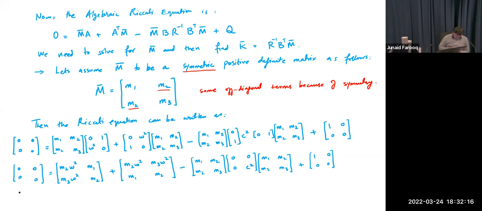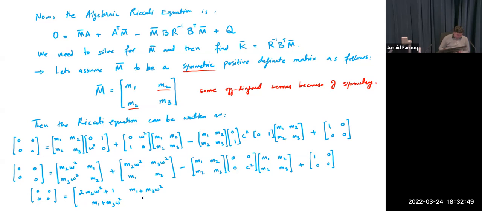Now, for further simplification, if you start adding all the elements term by term, what you get is 2 M2 omega squared plus 1, M1 plus M3 omega squared.